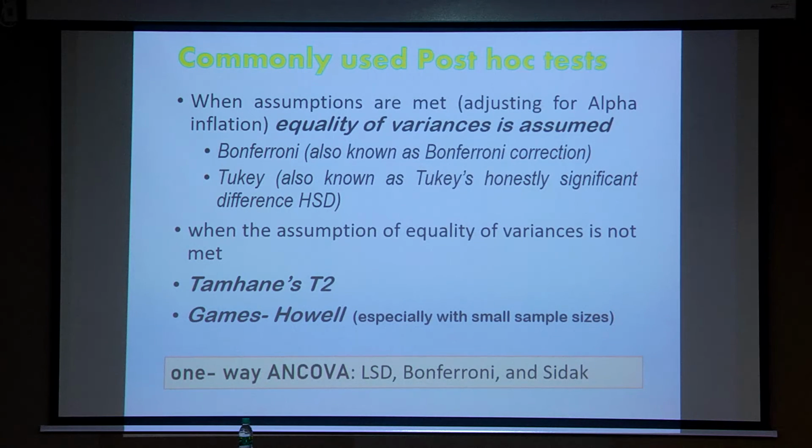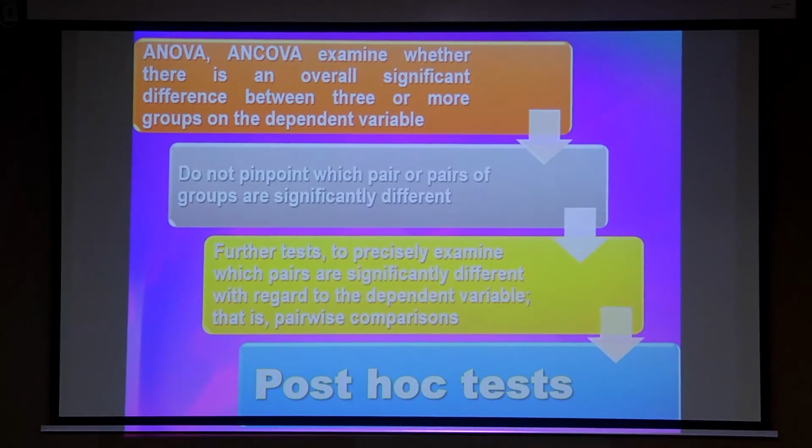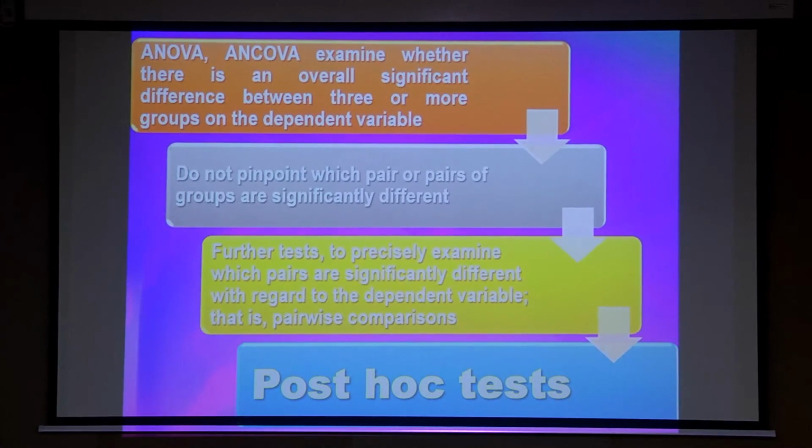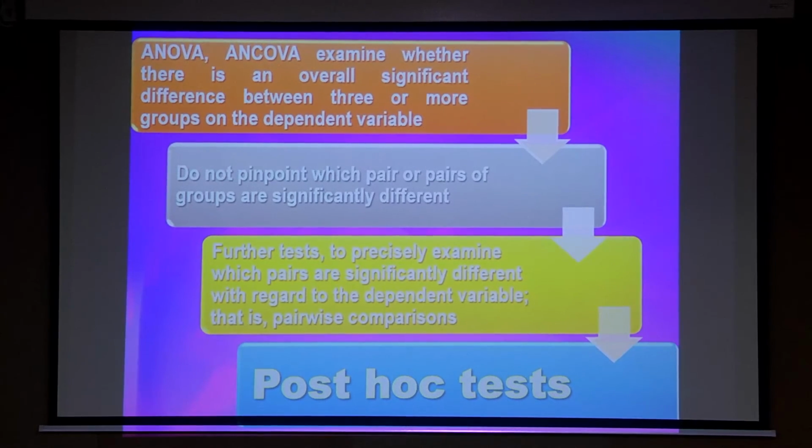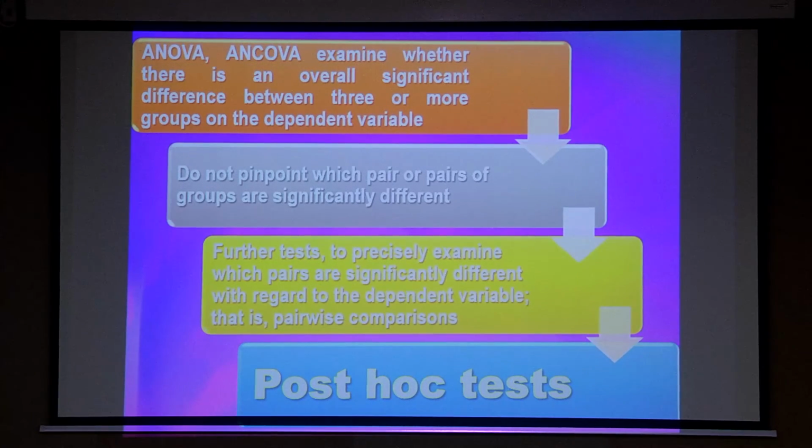I have used Games-Howell many times for postgraduates, for STS also, and for UGs. We use this test if the assumption is not met, to find the significance among the groups, whether 3, 4 or 5 groups. We will go for a post hoc test.